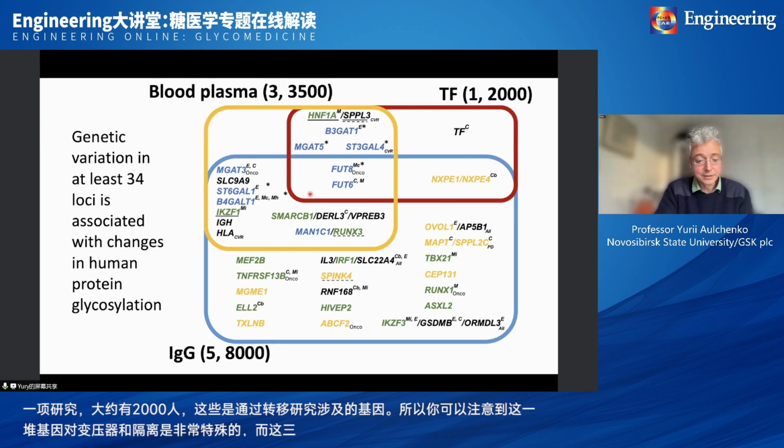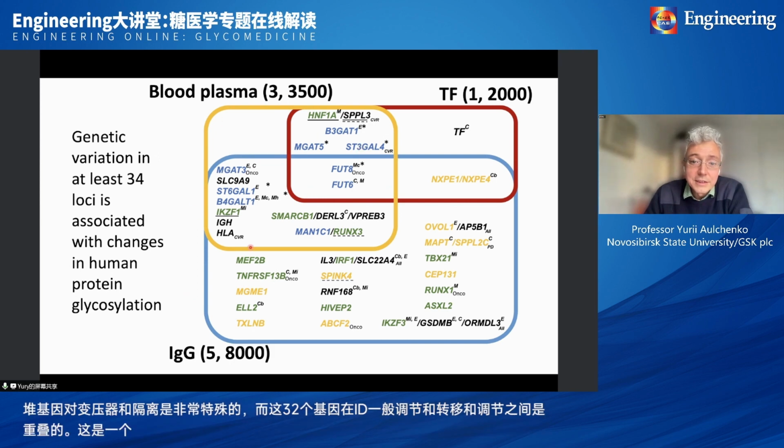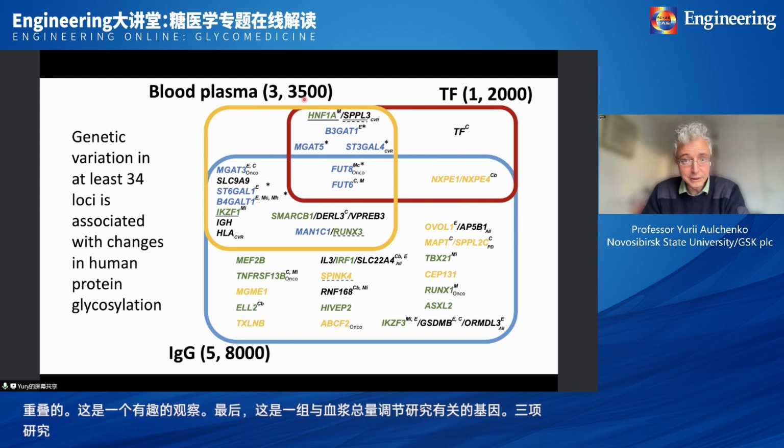This is an interesting observation. And finally, this is the group of genes which were implicated in studies of total blood plasma glycosylation, 3 studies with up to 3,500 people, right?